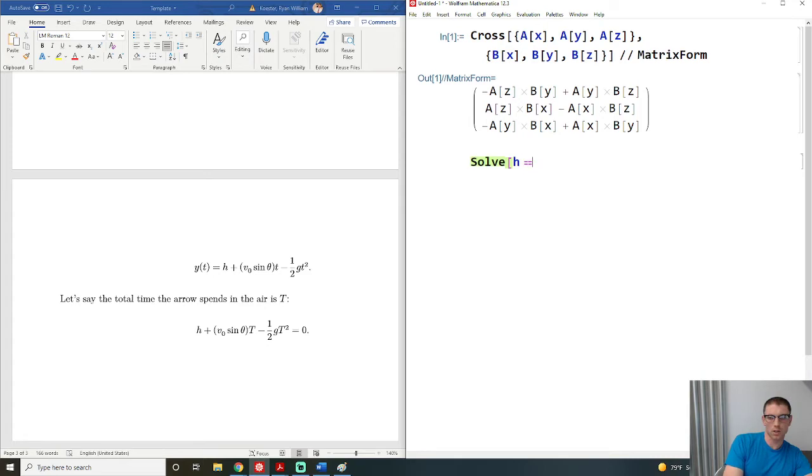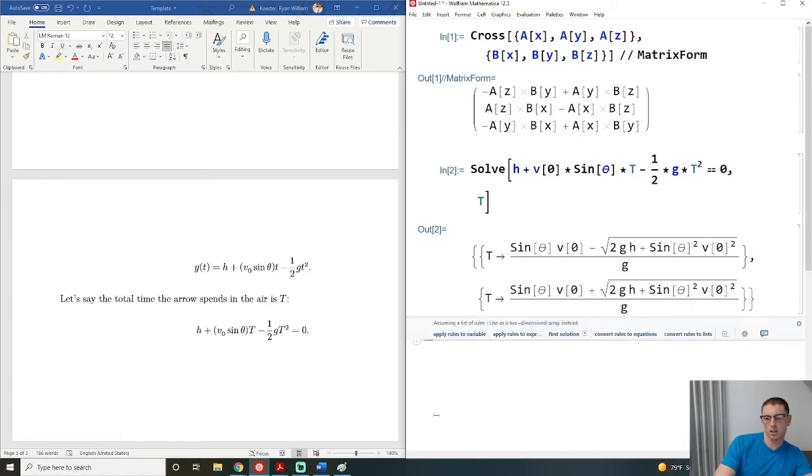So let's do this. I'm going to make Mathematica solve this for me because, why wouldn't I? So I just say, hey, I have a quadratic equation here, solve for T for me.